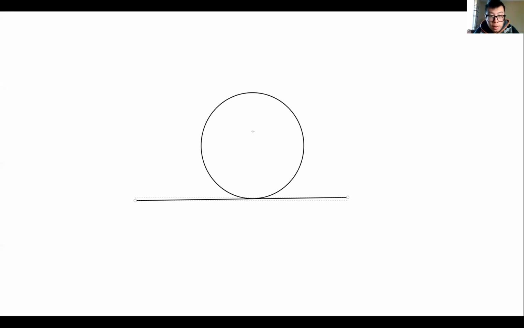And let's draw a radius. It has to cross the center and then touch that point. And what I mean by perpendicular is that it's a right angle at this point.